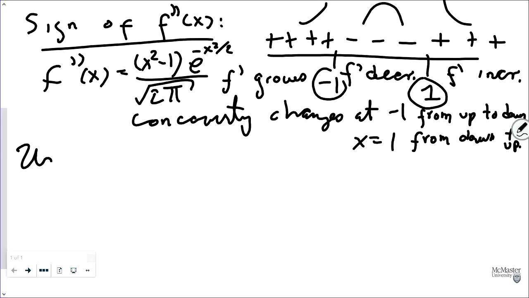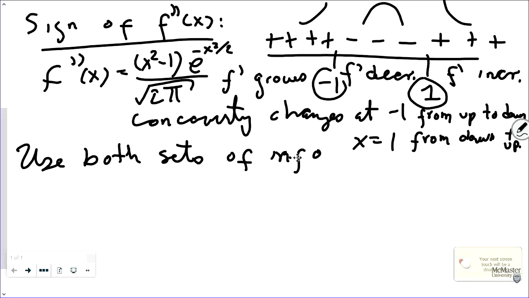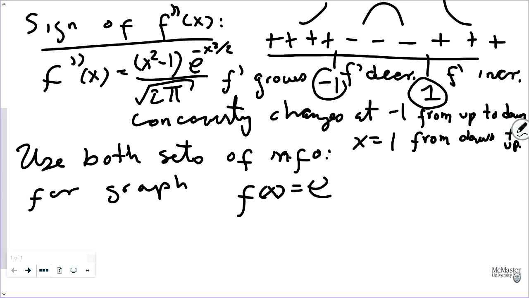And now what we will do is that we will use both sets of information for the graph of the function e to the minus x squared over 2 divided by square root of 2 pi.